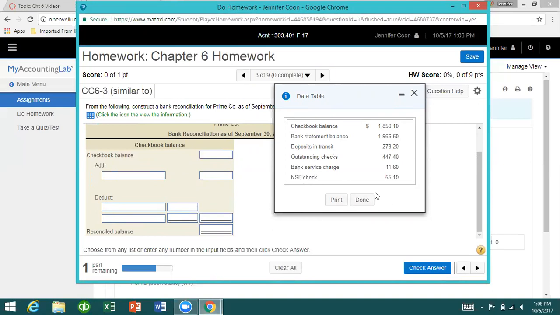So if you need to, look back on page 216, and that has a good example that you can refer back to see what's added and subtracted.